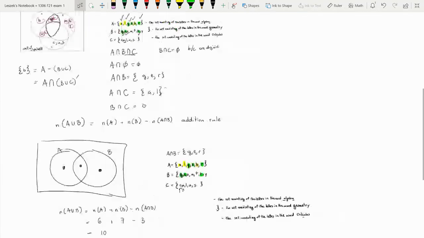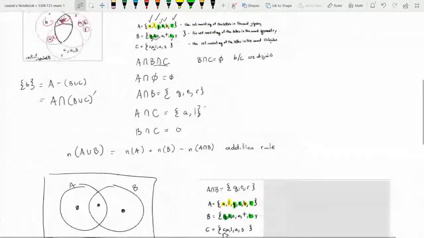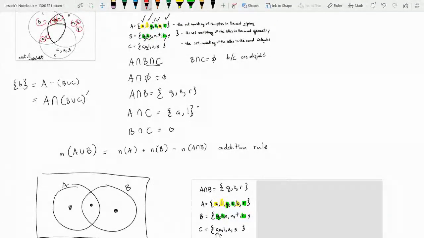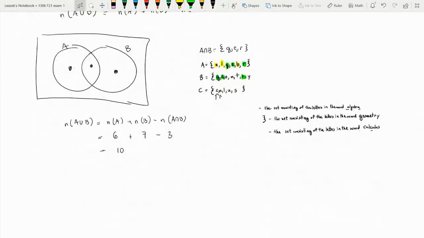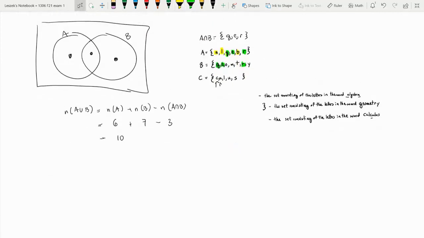Oh, I'm missing O, aren't I? Right. Yeah. In set B, we have the letter O. I forgot to write that one. So indeed, I apologize for that. We have 10 letters in the union of A and B, and we've computed that using the addition rule as well. So 10 letters in the union.